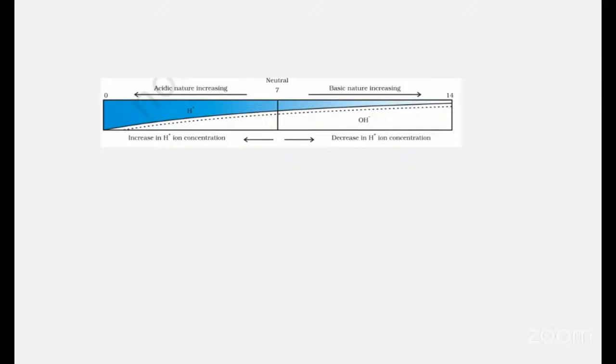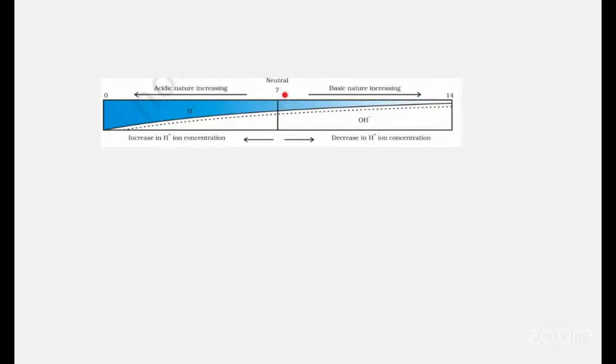Sir, if I mark a point for H plus ion very, very close to 7, what will it be, more H plus ions or less H plus ions? Less H plus ions.